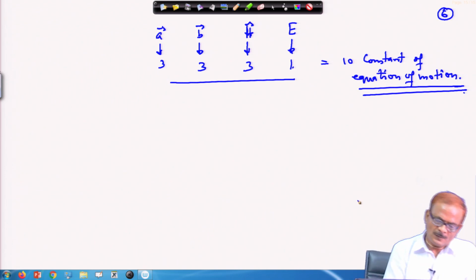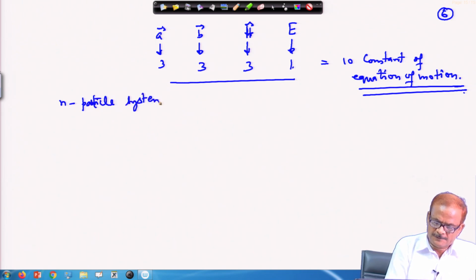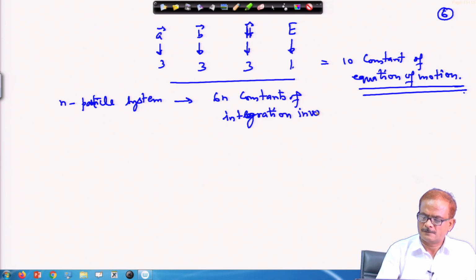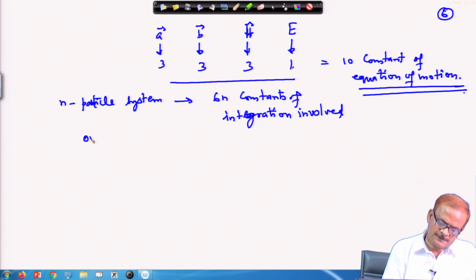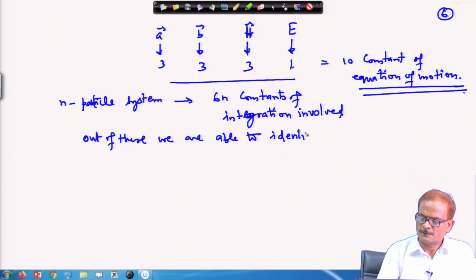Now, for an n particle system, we have a total of 6n constants of integration involved, and out of these we are able to identify only 10.